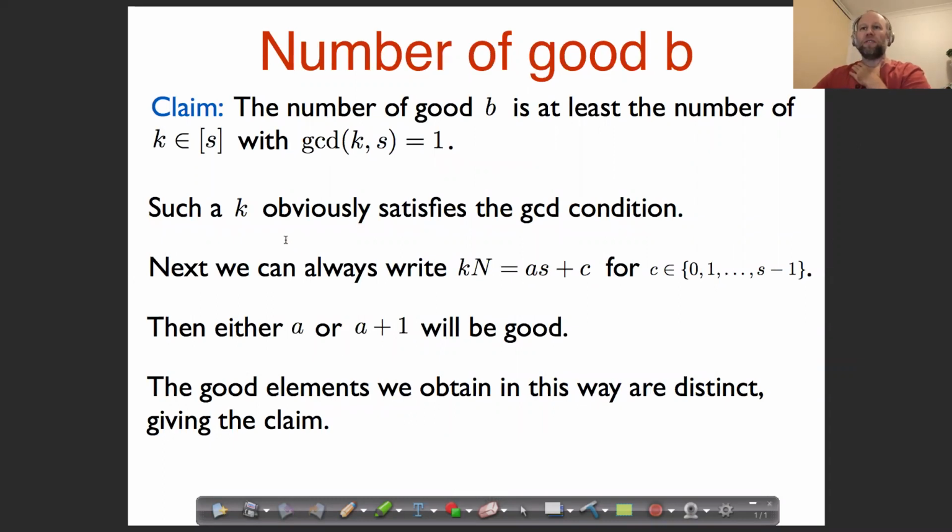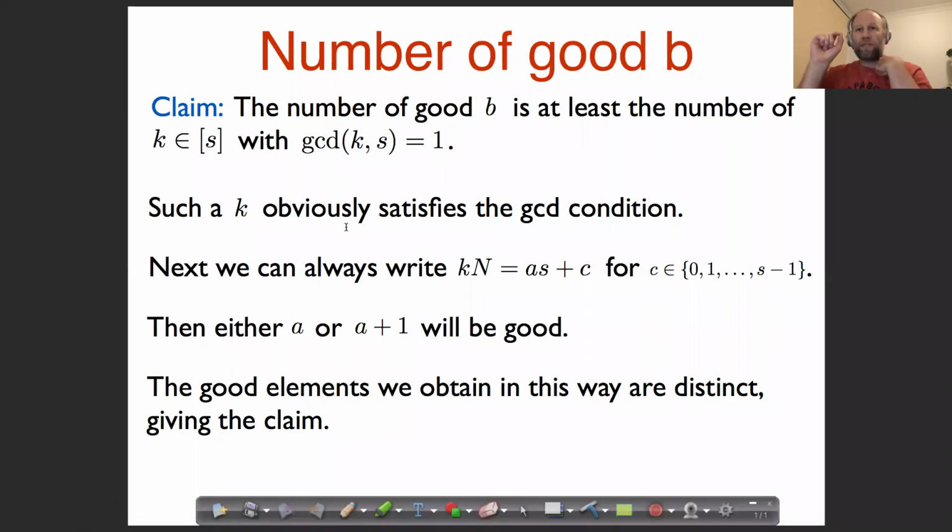There are two conditions that we have to satisfy to be good. The first is that K has to be relatively prime to S, so obviously such a K satisfies that condition. And the second condition was the closeness condition, right? So B times S had to be relatively close to K times N. So let's think about that condition now.